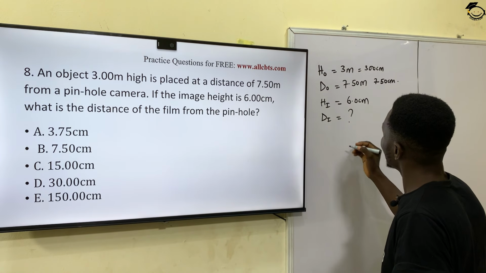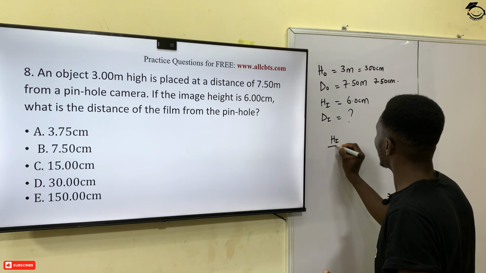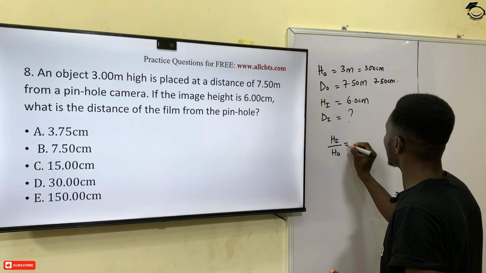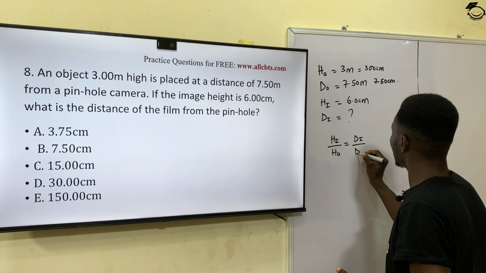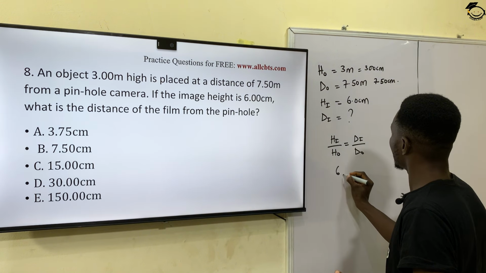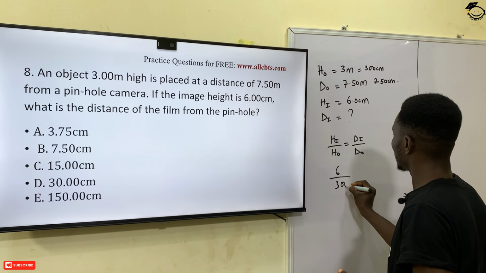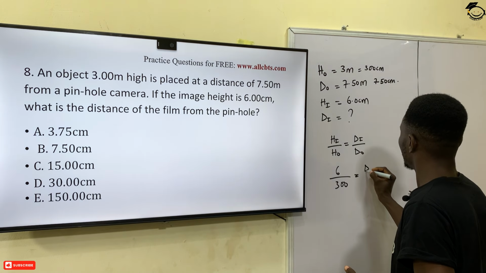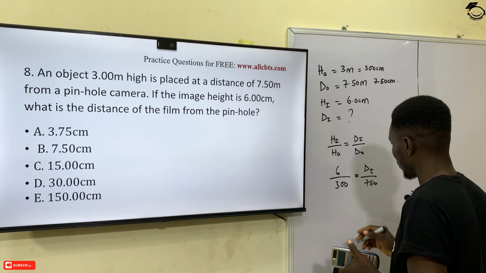So I know that image height over object height is equal to image distance over object distance. So this would mean that this will give me 6 over 300 is equal to image distance over 750.